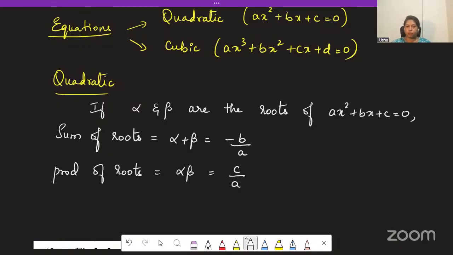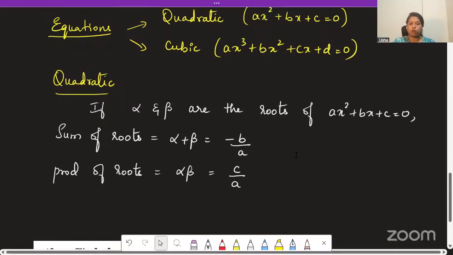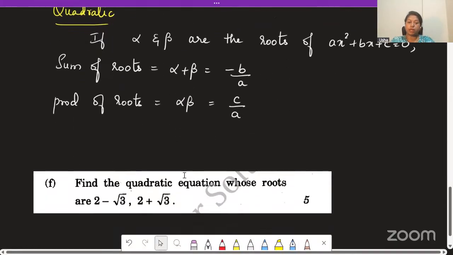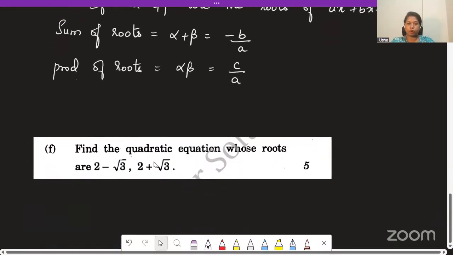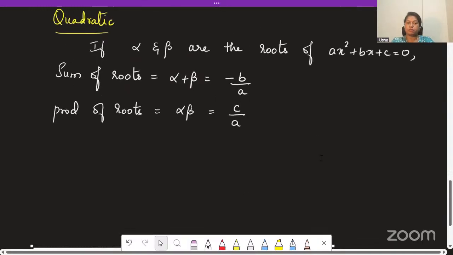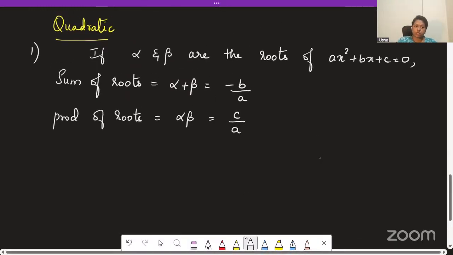You might get problems based on this, sum and product of the roots, when the equation is given. You can find sum and product in this way. Sometimes they will give you the roots, alpha and beta, and you have to frame the equation.